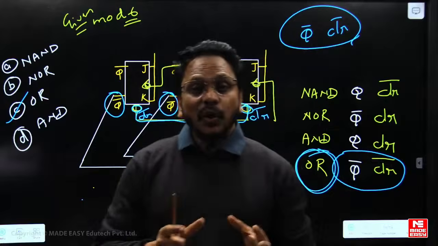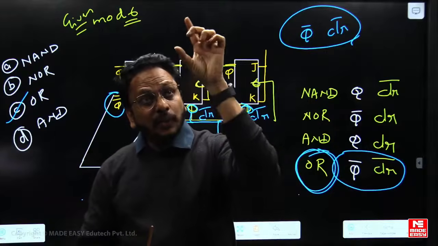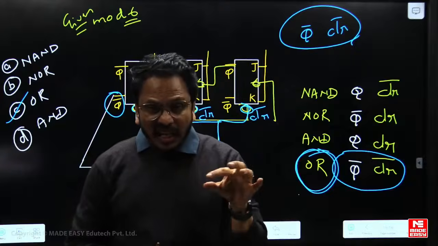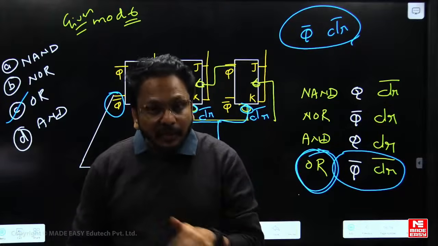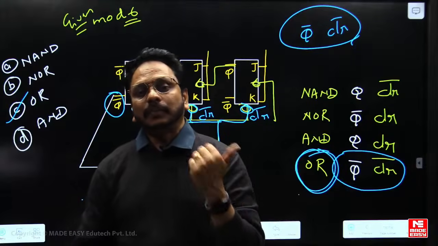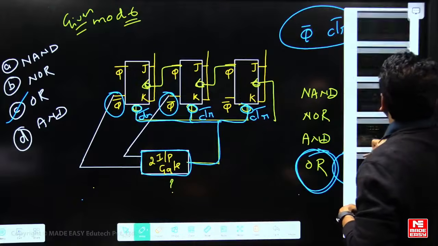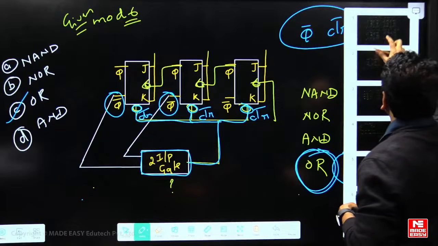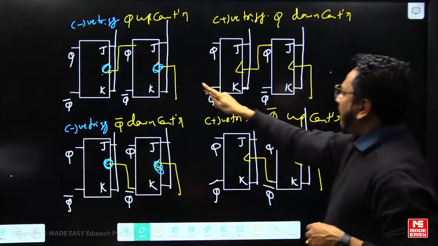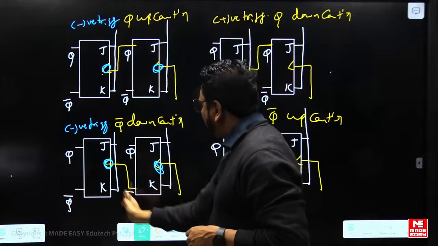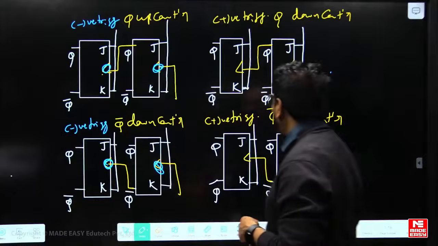For positive triggering, if the connection is taken from Q, that means from up, it will be the down counter. If the connection is taken from Q bar, that means from down, it is going to be the up counter. Able to remember that? So negative triggering up connected up counter, down connected down counter.